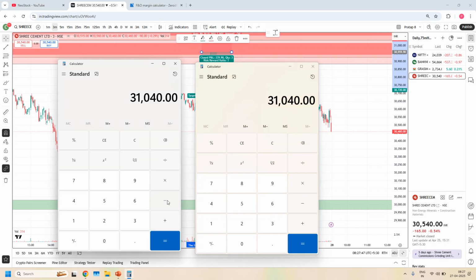So minus. If you get a loss, the loss for one share is 80 rupees 10 paisa. How many are we buying? 25 equity shares. Our futures one lot also has 25.